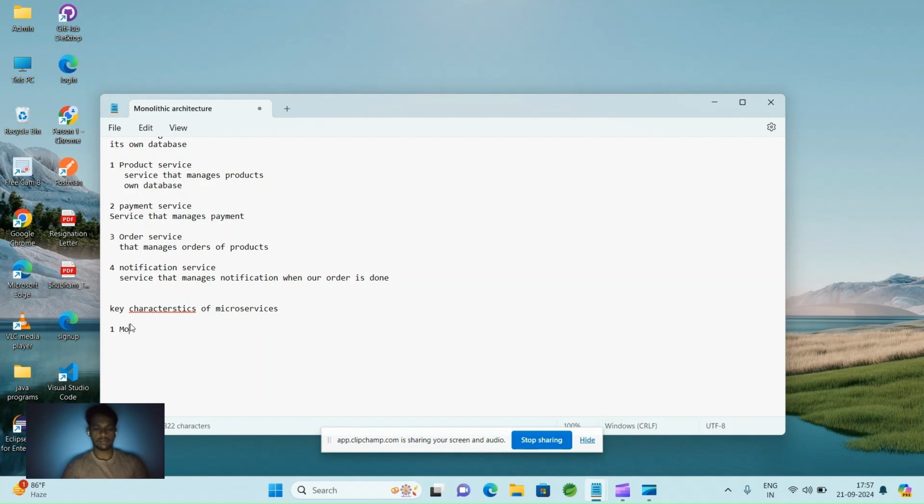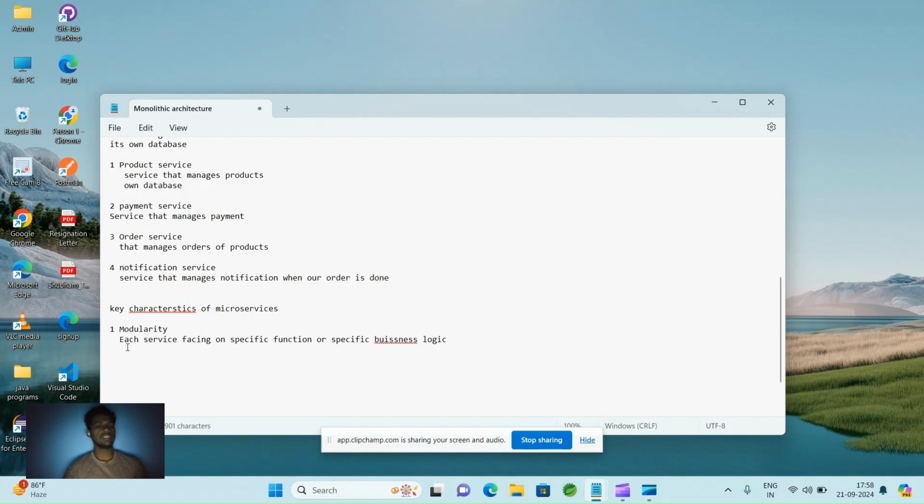Modularity. So each service is based on a specific function or specific logic.